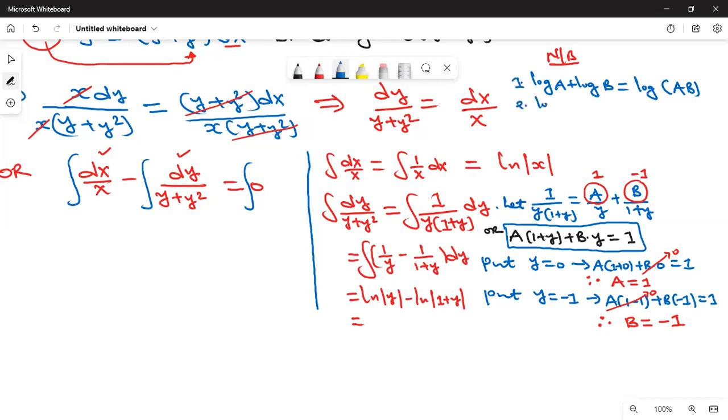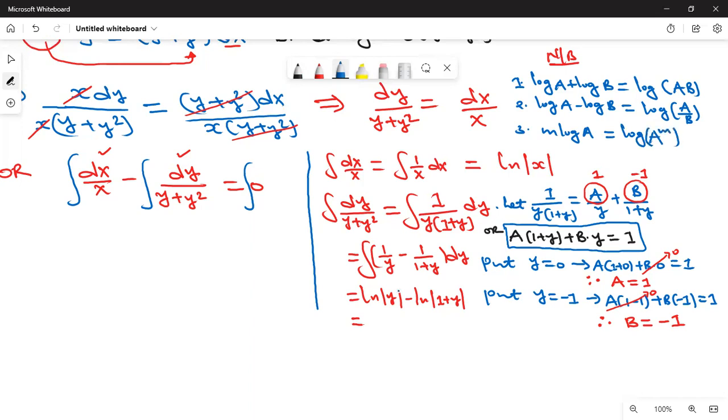Another law is log A minus log B. This you can write as log A over B, second law. And the third law is M log A can be written as log of A raised to M, third law.